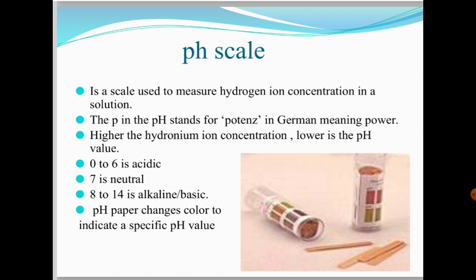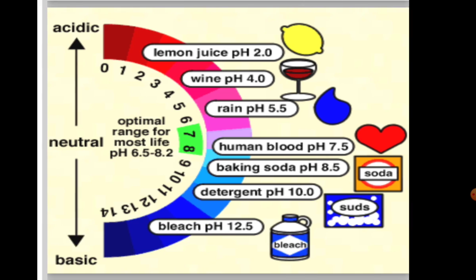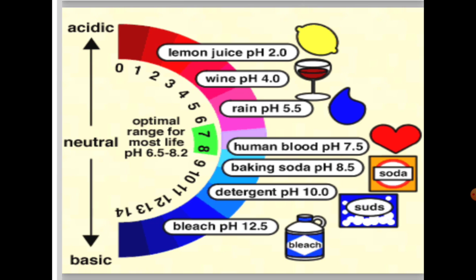Next, see this picture here: acidic, neutral, base, 0, 1, 2, 3, 4, 5, 6, 7, 8, 9, 10, 11, 12, 13, 14. Up to 14 there are numbers. Optimal range for most life is pH 6.5 to 8.2.